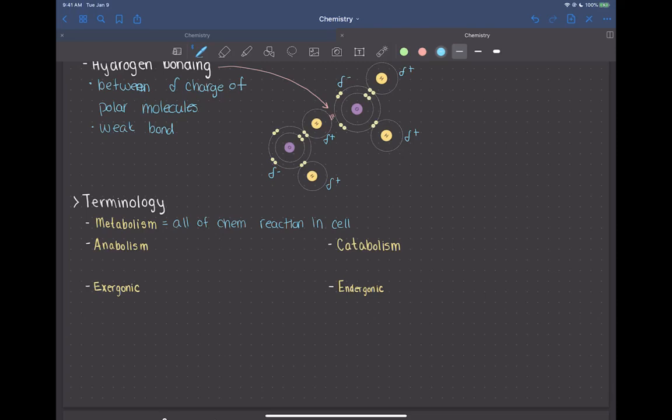With chemical reactions, we can have reactions that are either anabolic or catabolic. Anabolism is a reaction that forms a bond, versus catabolism, which is a reaction that breaks a bond.